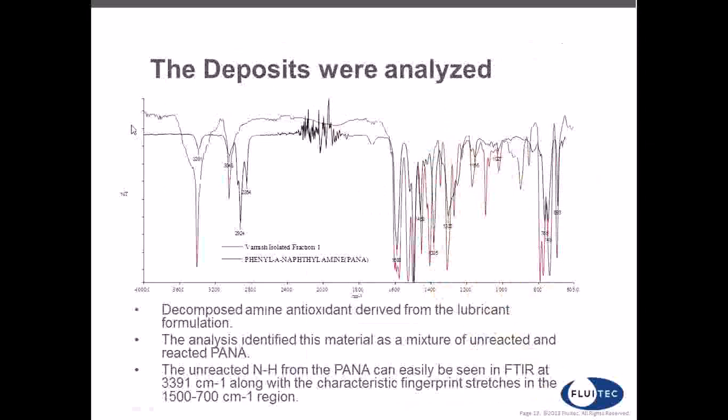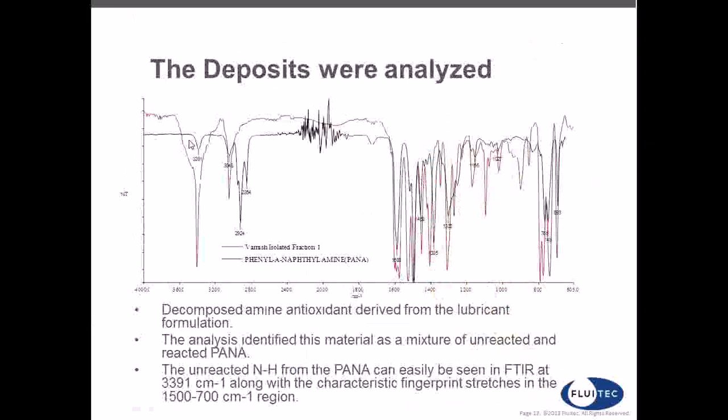This is an example of an infrared spectrum, and essentially what we are looking at here is the type of chemistry on the x-axis and the amount of chemistry on the y-axis.